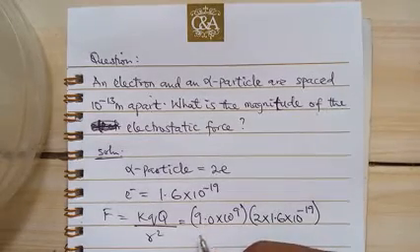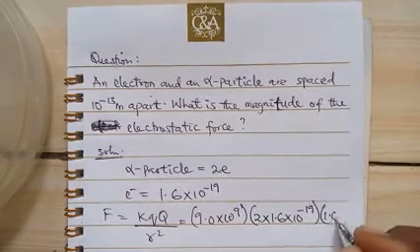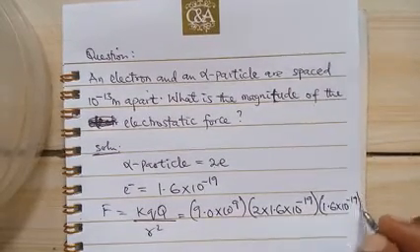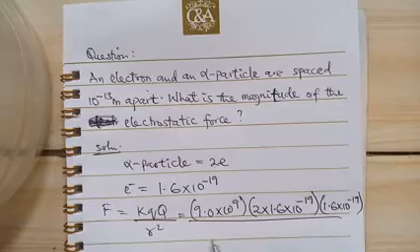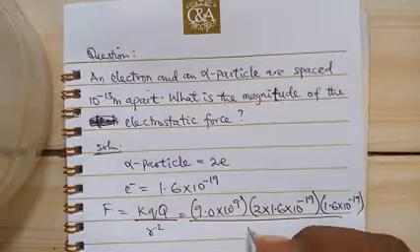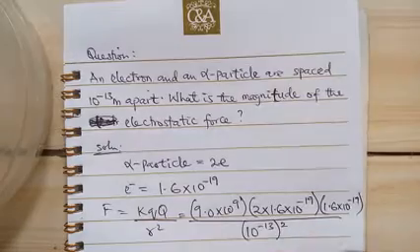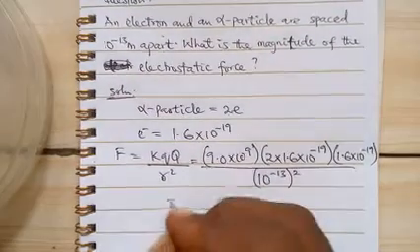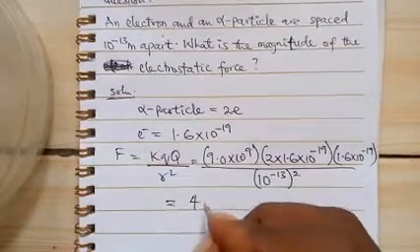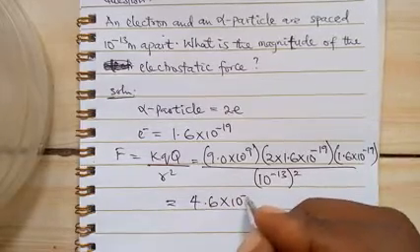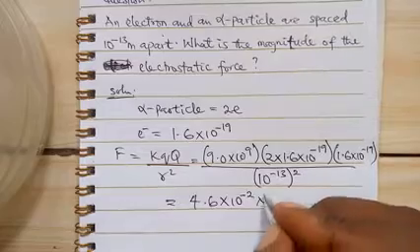Then the other charge, the electron, which is 1.6 times 10 raised to power minus 19. The distance apart is 10 raised to power minus 13, squared. If we are to press the calculator, we'll get 4.6 times 10 raised to power minus 2. That's Newton.